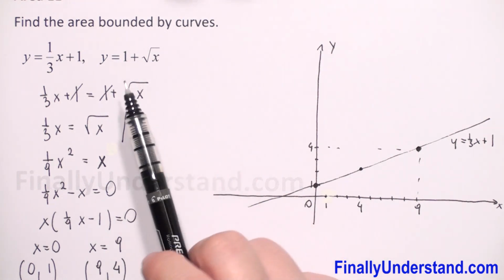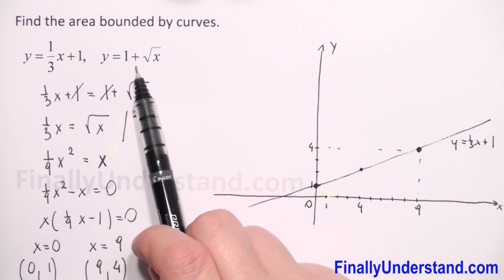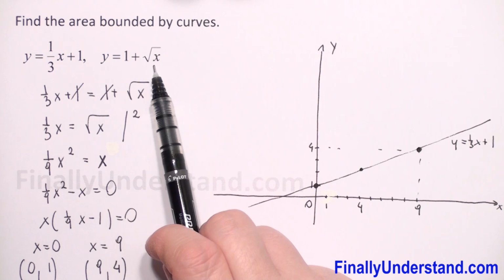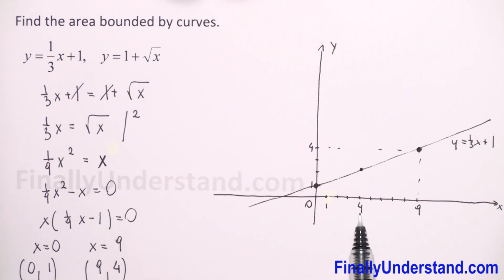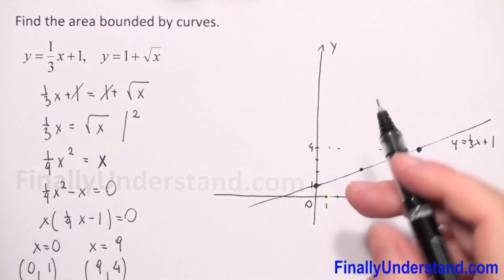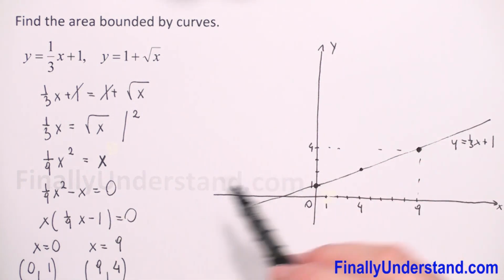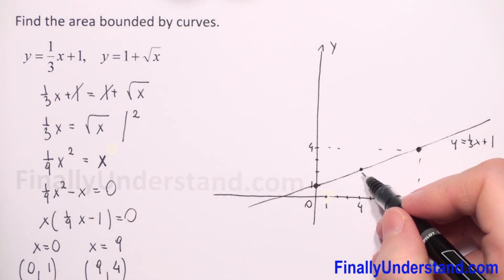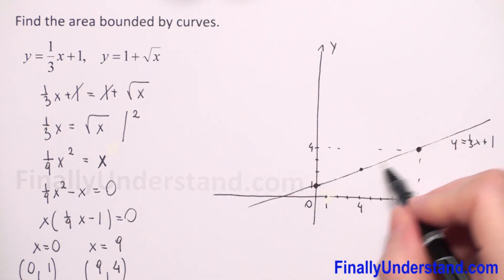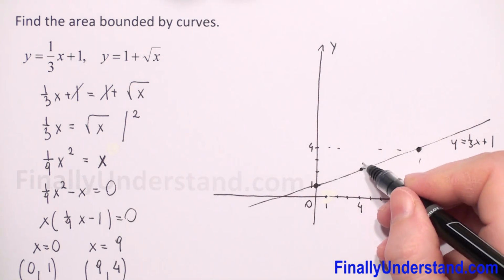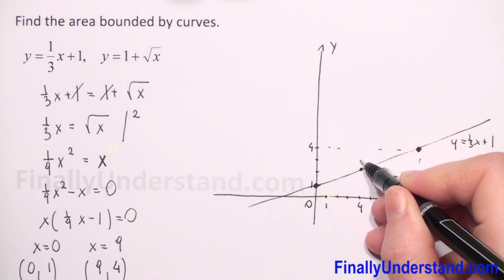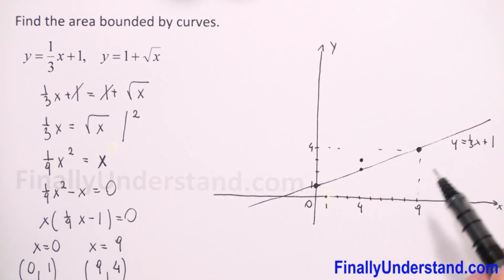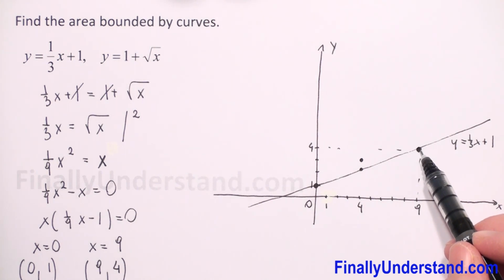And the second is 1 plus square root of x. So let's choose the same value for x, 4. The square root of 4 is 2, and 2 plus 1 is 3. So we see that the second curve is above our first. We have the value 3 at 4, and this is our point of intersection.